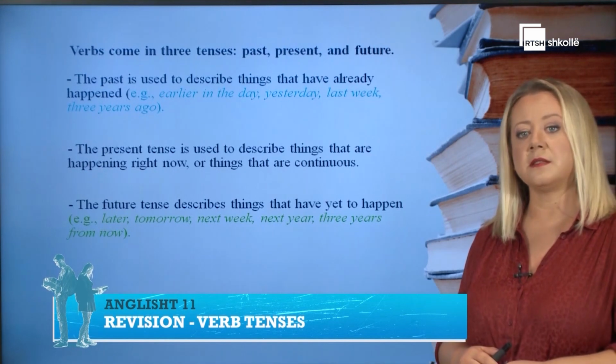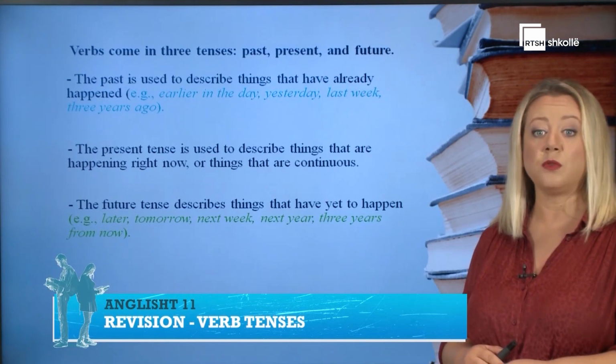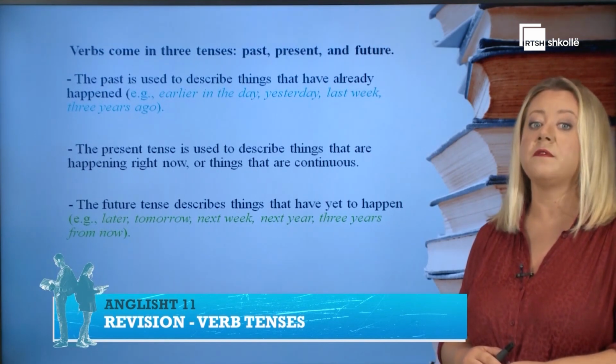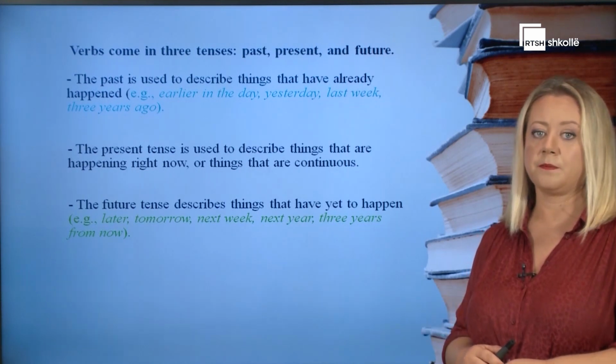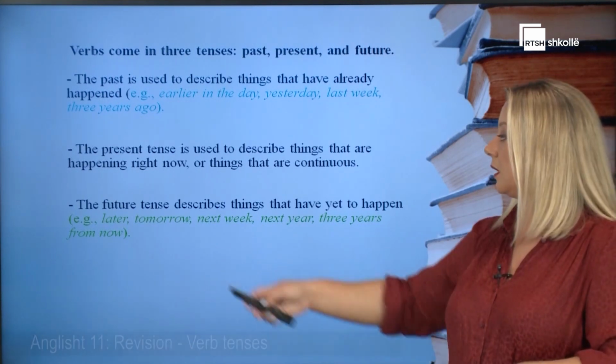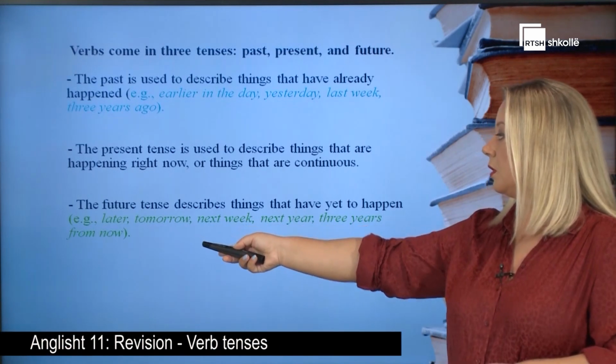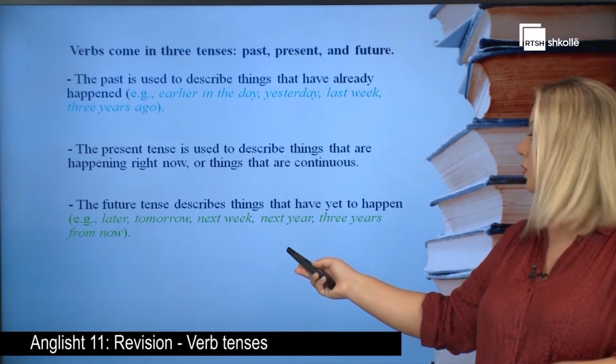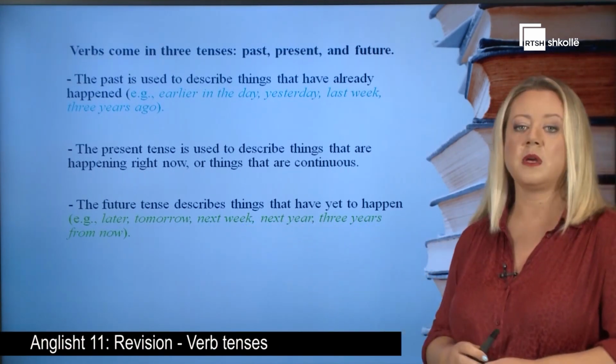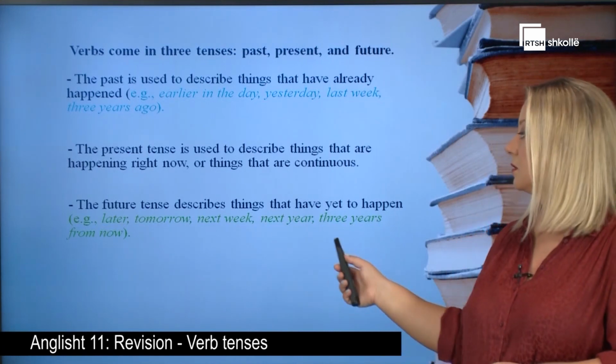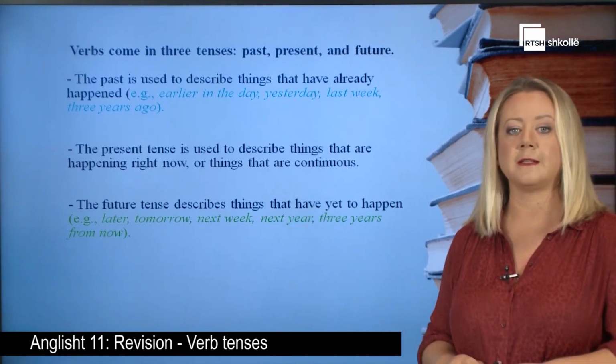And the future tense refers to things that have yet to happen or have not happened yet. For example, later, tomorrow, next week, next year, 3 years from now, etc. are all expressions that refer to the future tense.